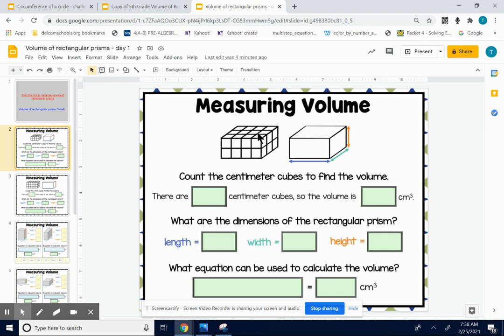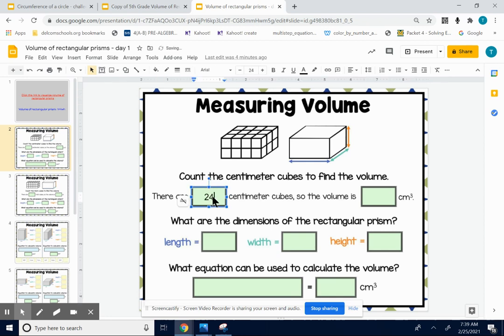And there's a stack of 2 layers. So all together there's 12 cubes on the bottom and 2 layers of that, so that'd be 24. There's going to be 24 cubes, so the volume would be 24 cubic centimeters.